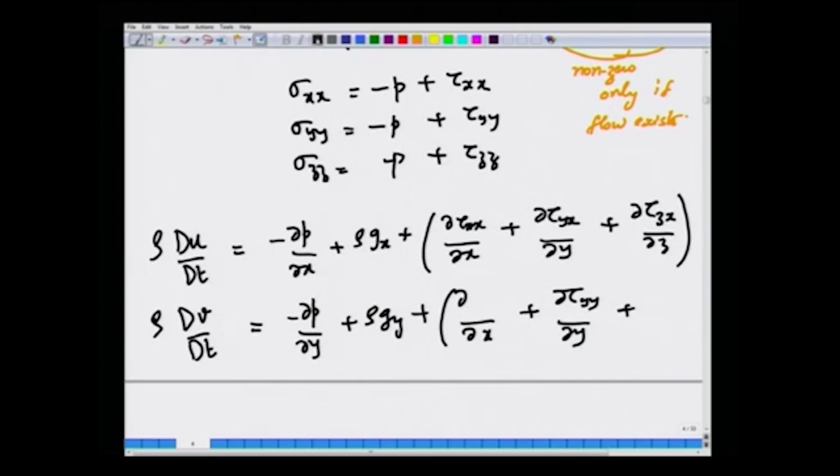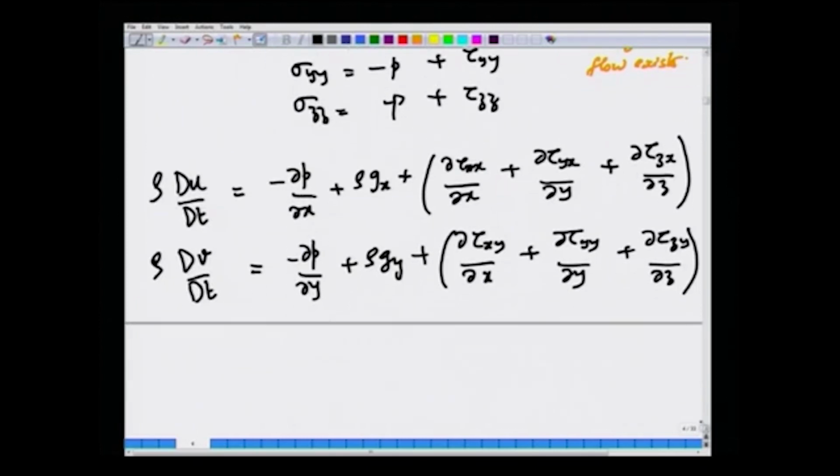the y component of the momentum balance, this is x y, and the z component.